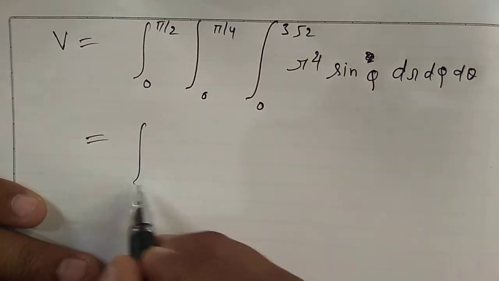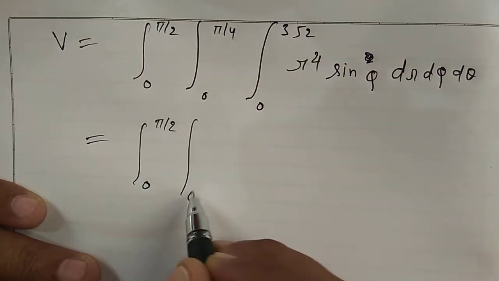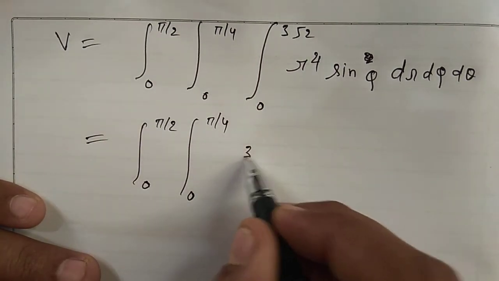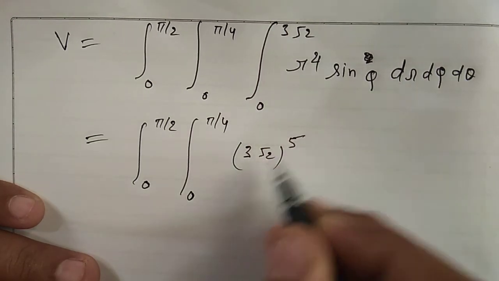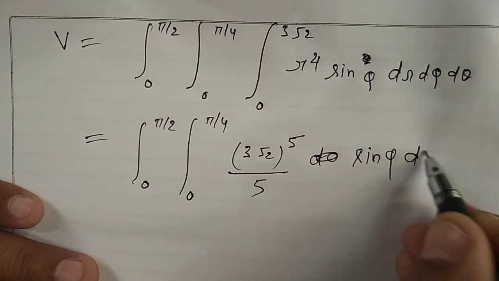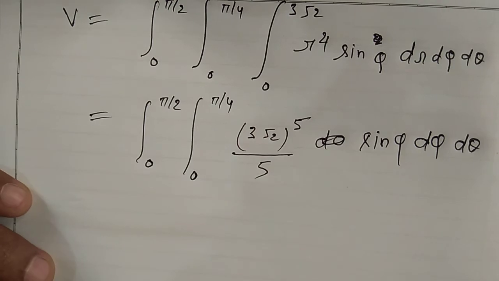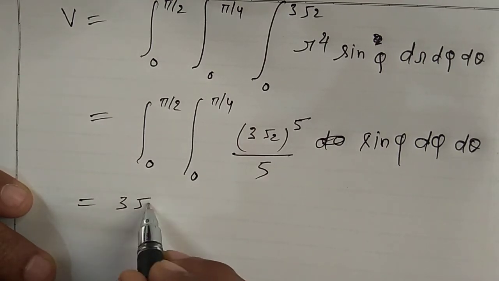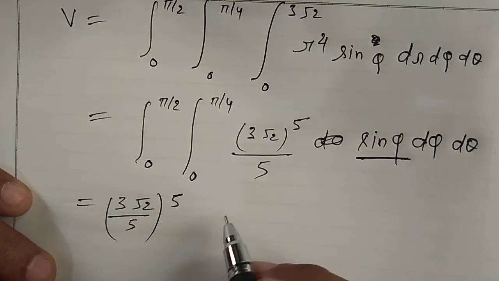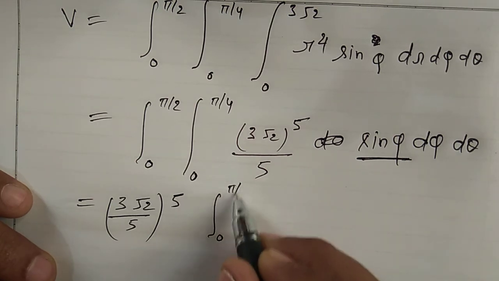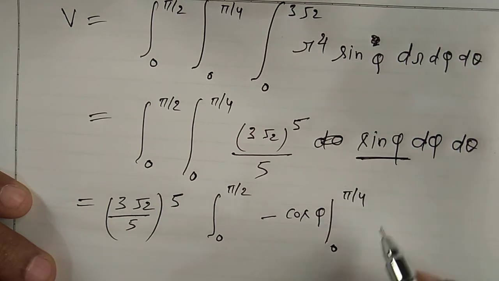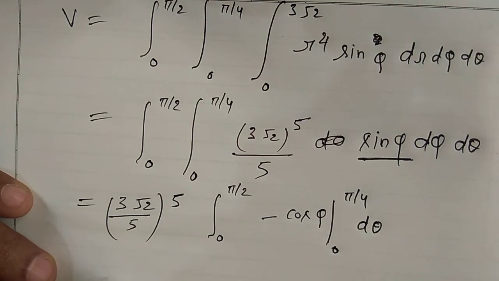So now integrate. We get 0 to pi by 2, 0 to pi by 4, and r power 5 by 5, so 3 root 2 power 5 by 5, and sine phi d phi d theta. So we get 3 root 2 power 5 by 5, and the integration of sine phi is minus cos phi, 0 to pi by 4, d theta.